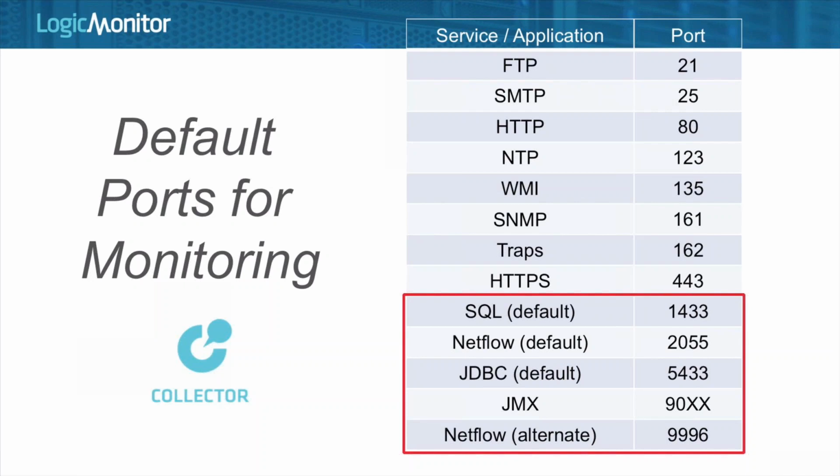Devices that use SQL, JMX, JDBC, and NetFlow are typical examples. And the configuration settings for these devices are covered in our help pages. And again, that's help.logicmonitor.com. So for your infrastructure, you can look up what ports you're using and customize the properties or values on the data source template based on the information in our help docs.